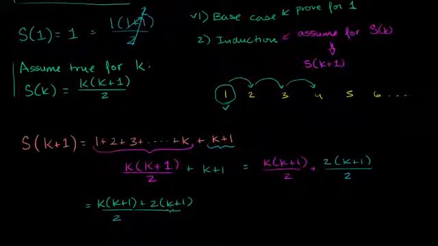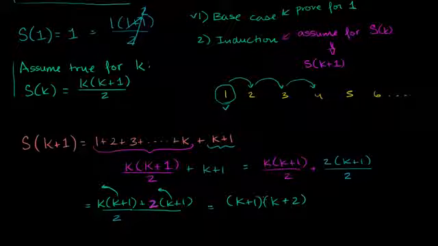Now, at this step right over here, you can factor out a k plus 1. Both of these terms are divisible by k plus 1. So let's factor this out. If you factor out a k plus 1, you get k plus 1 times, we're factoring it out. Over here, if you factor out a k plus 1, you just have a k. Over here, if you factor out a k plus 1, you just have a 2. Let me color code those so you know what I'm doing.